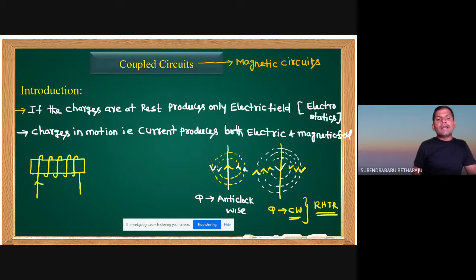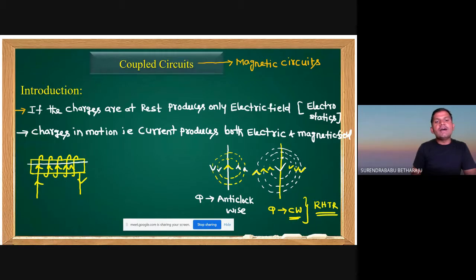This is the current direction. Now if it is a solenoid coil, here also we can apply the right hand thumb rule. But in this case, the curled fingers indicate the current direction and the thumb indicates the flux direction. Exactly opposite. Then what is the direction of the flux? Left to right or right to left?